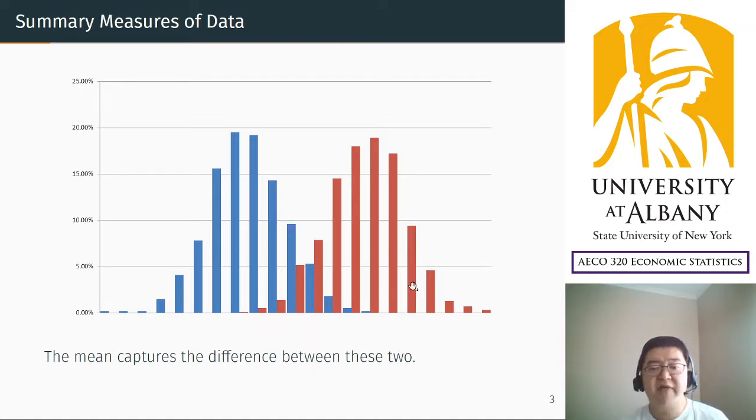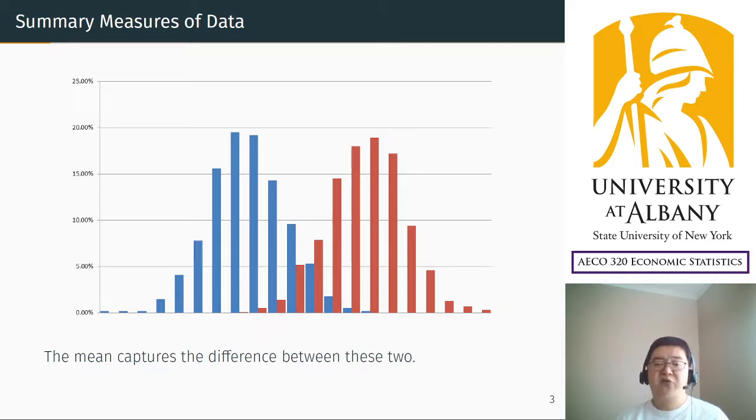Now to describe the difference, what you can say is the average of the red is greater than the average of the blue. The center of the blue must be here, and the center of the red must be somewhere here. It doesn't need to be the mean. The mean or the median will capture the difference between these two data sets.